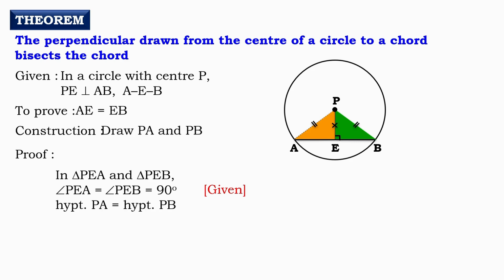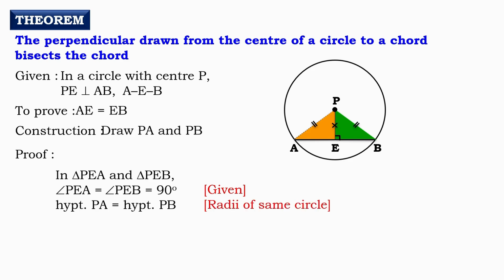Now PA and PB, what are these? If you take a look, triangle PEA is nothing but a right angle triangle. In a right angle triangle, PA will be the hypotenuse, and PA and PB are also the radii of the circle, right? So PA is equal to PB, that means these two hypotenuses are equal.